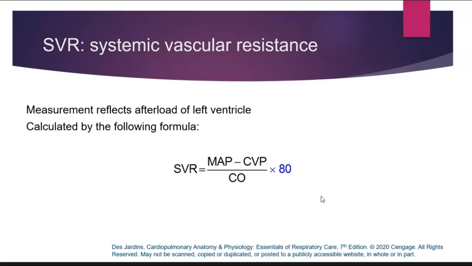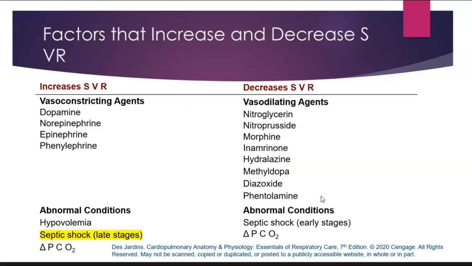Now, systemic vascular resistance, I mentioned, is the afterload not for the right ventricle, but for the left ventricle. That is how you calculate it. You do not need to know how to calculate it for the exam. There are several factors that are going to increase or decrease the systemic vascular resistance.